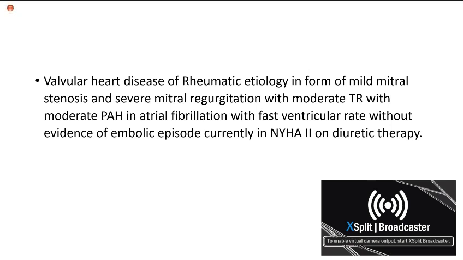Cardiac enlargement and a forceful LV apex tell us about the severe mitral regurgitation. And also in a patient with mitral stenosis, it is very unlikely that the patient can have such significant cardiac enlargement and a forceful LV apex. So all put together, I would go for severe mitral regurgitation with moderate mitral stenosis. That will be my diagnosis.